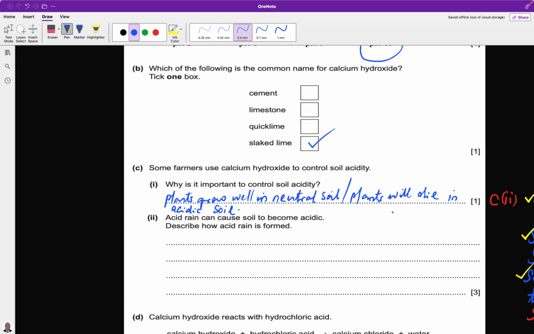So just say that's the reason: plants grow well in neutral soil, or plants will die in acidic soil. So it is important to control it.